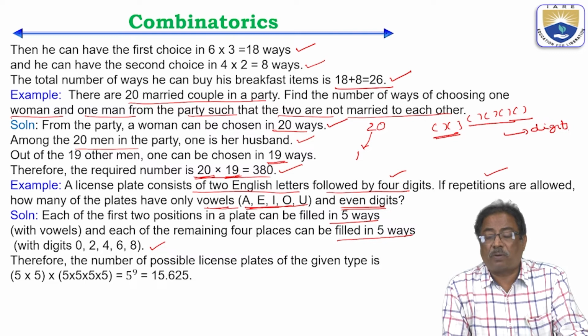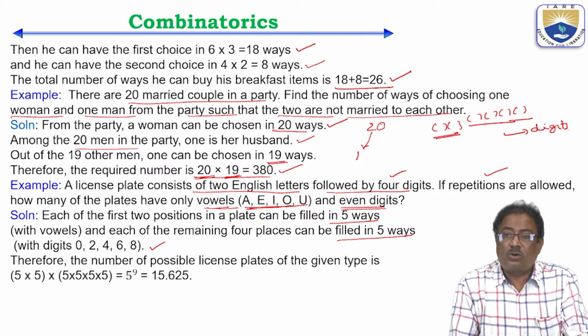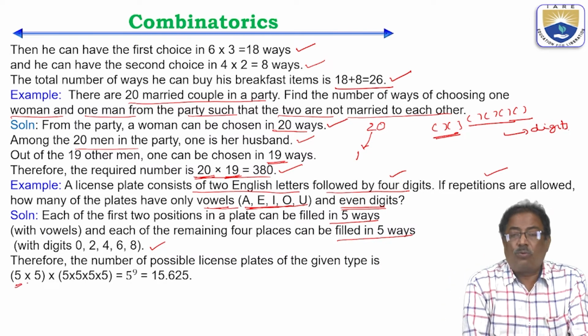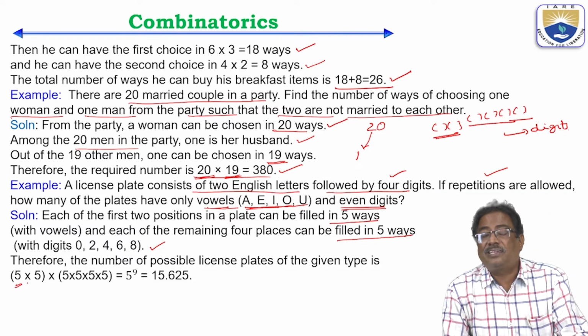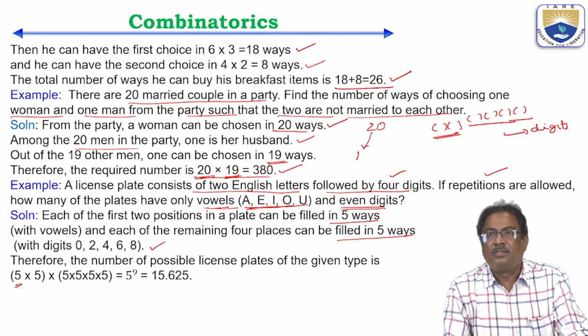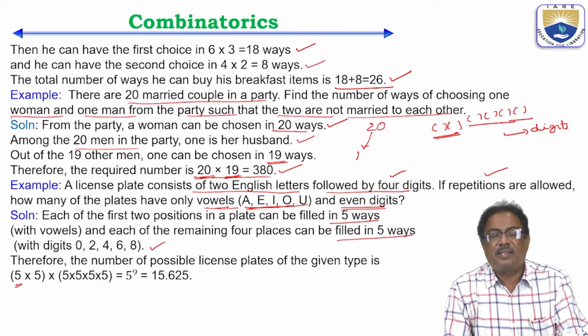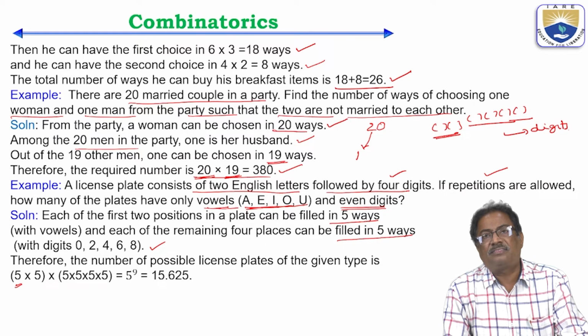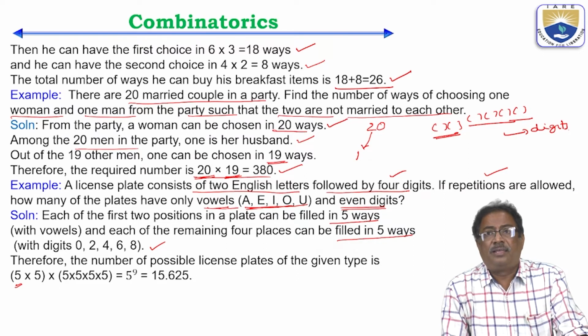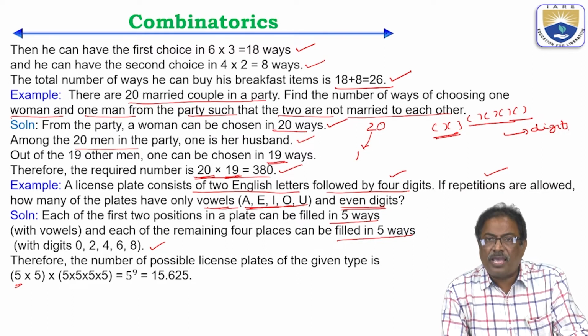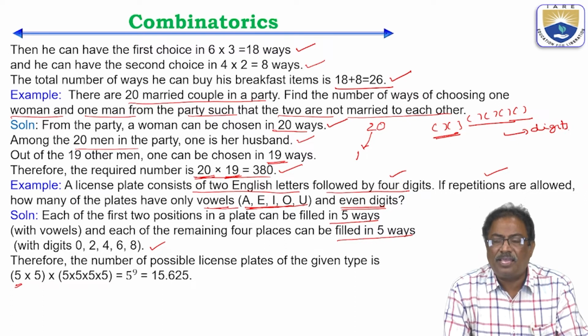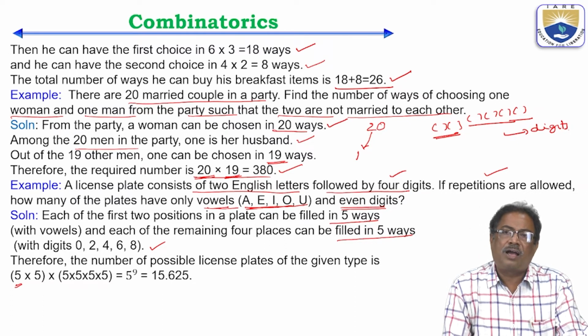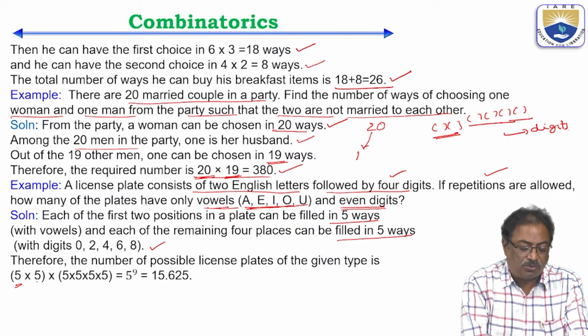Here repetitions are allowed. Whatever vowel I consider first, the same possibilities will be there for the next. If I select A, and then the second English letter is also A, or if I select A, E, and select again, there are 5 possibilities each time.